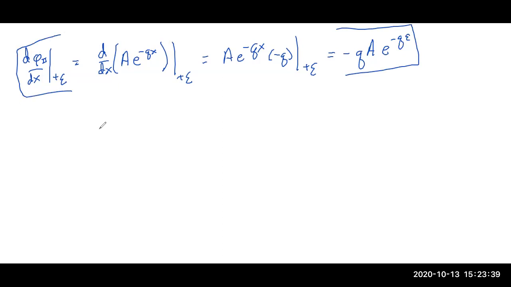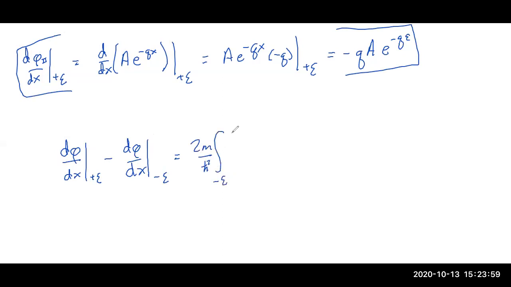So let's look back at our condition, which was the derivative of phi with respect to x at plus epsilon minus the derivative of phi with respect to x at minus epsilon. This was equal to 2m over h bar squared, the integral from minus epsilon to plus epsilon, v of x, phi of x, dx. So far, we'll plug in this one.